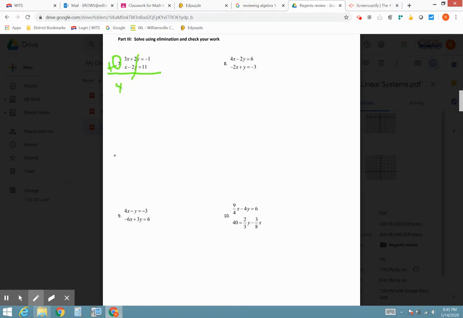So I get 4x equals 10. Well, that's not pretty. Divide by 4, divide by 4, and I'm going to get 5 halves. So now I have to plug back in. That's yucky.